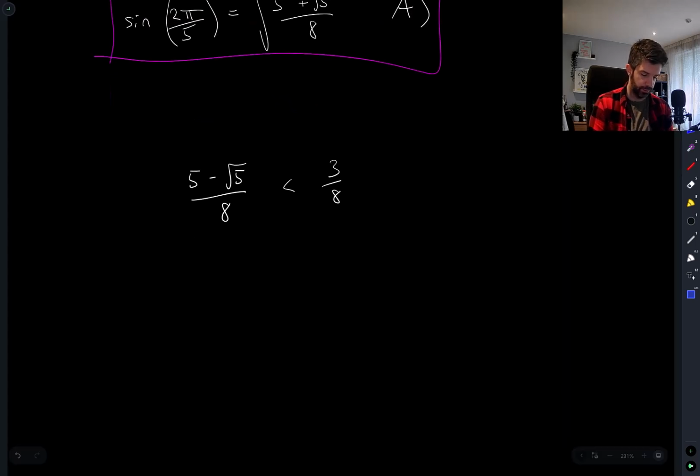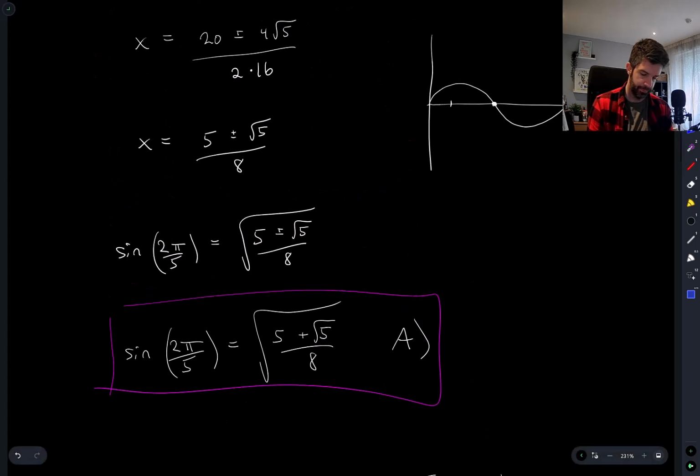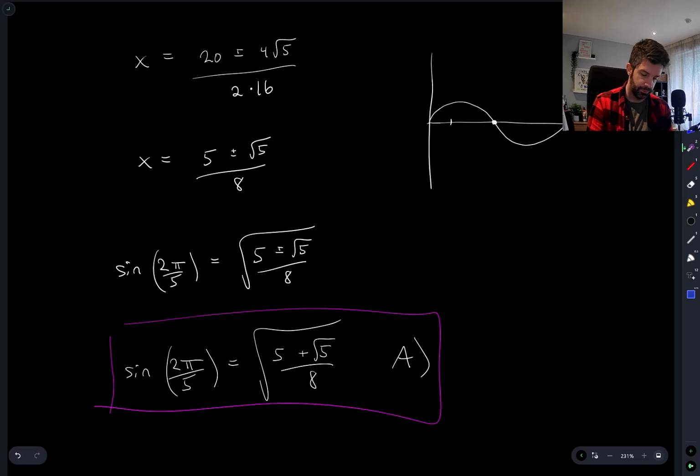So if I take square roots, less than root 3 over 8, which is less than, if I replace this with 4 over 8, less than 1 over root 2. And 1 over root 2, that's sine of 45 degrees.